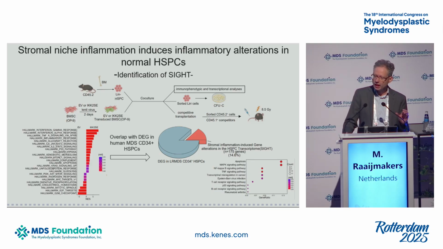And this overlap we dubbed, and I'll come back to that, stromal inflammation-induced gene alterations in HSPCs. And again, if you look at these genes, they are implicated again in apoptosis, MAPK signaling, TNF signaling, inflammatory signaling, also viral infection, which may be interesting in the context of that T cell link. Now, how does this affect function?